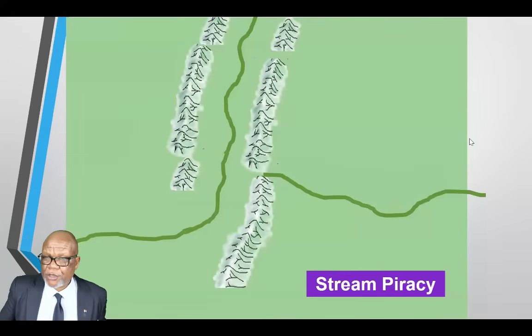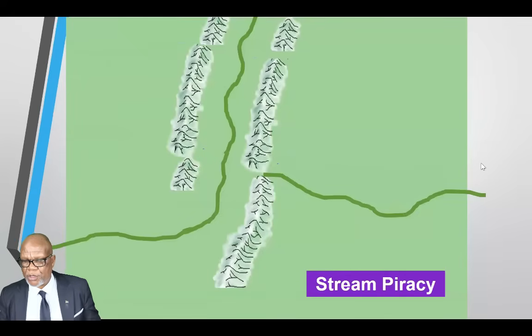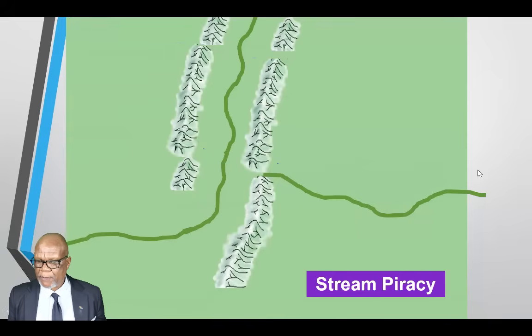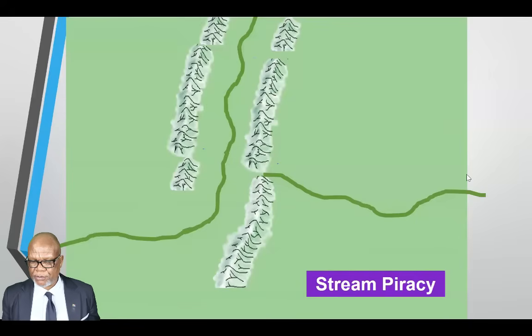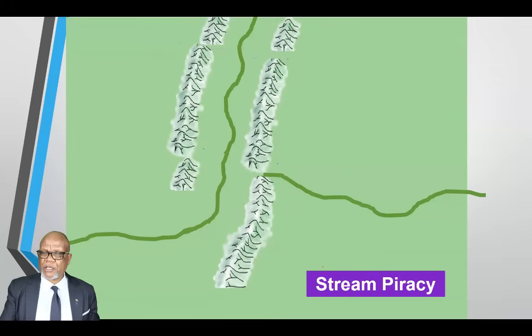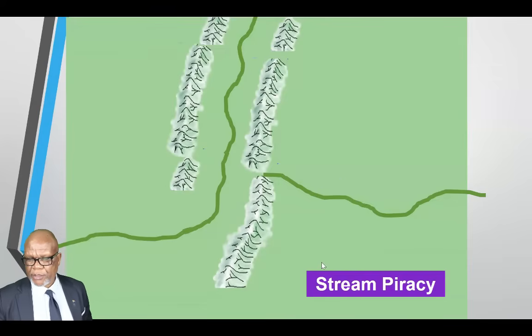Now, another process that you need to pay attention to is stream piracy. What is stream piracy? It is when an energetic stream diverts the headwaters of a less energetic stream, or when a river with more energy diverts the headwaters of a river with less energy, or when a river flowing on a steeper gradient takes the water of a less energetic river.